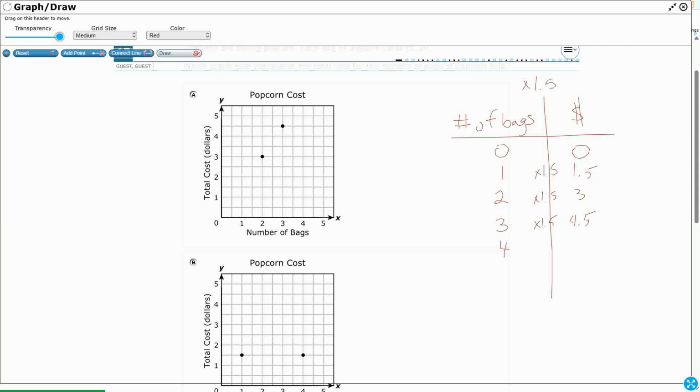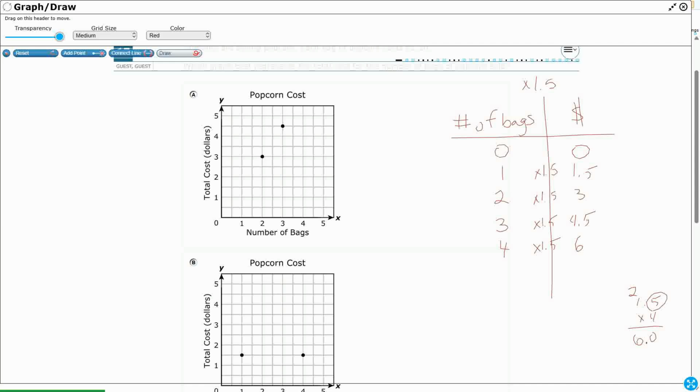We can add a 1.5, or let's do a multiplication just to make sure that we're on the right track. 5 times 4 is 20. So 4 times 1 is 4, add that 2 is 6. Now, I've got 1 digit behind the decimal, I need 1 digit behind the decimal, 6.0, or simply 6.